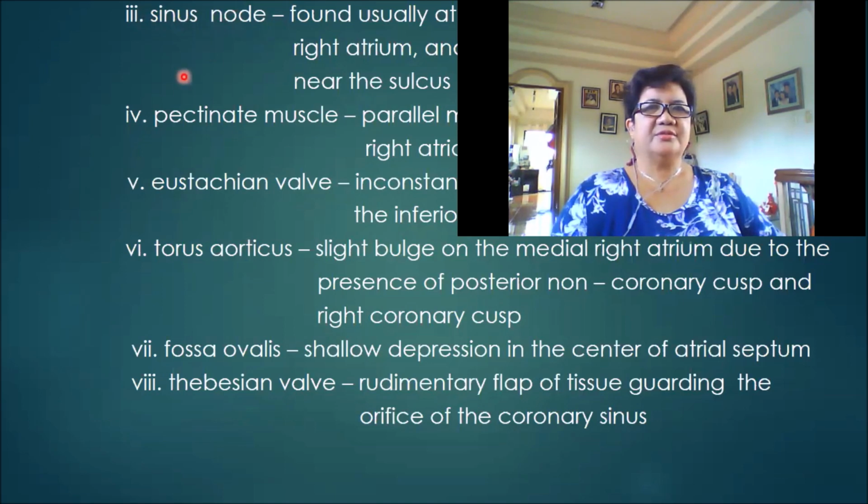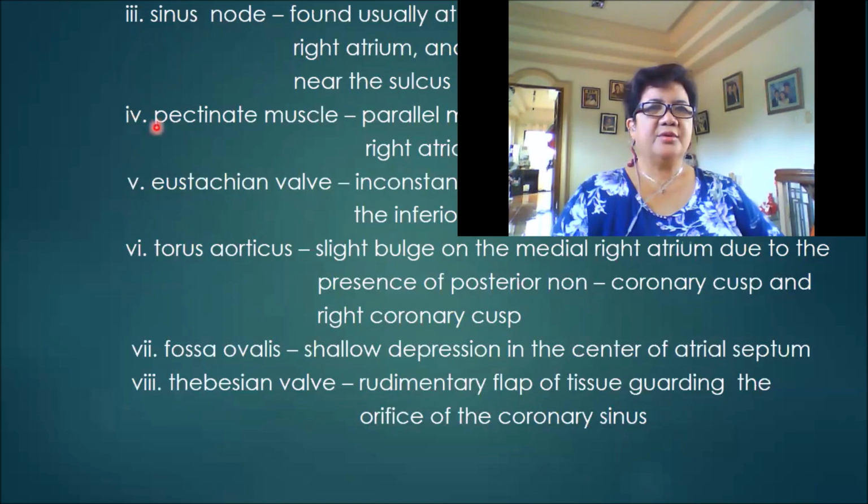So this is seen at the junction of the superior vena cava, right atrium, and right atrial appendage beneath the sulcus terminalis. So you will see this on the superior portion of your right atrium.